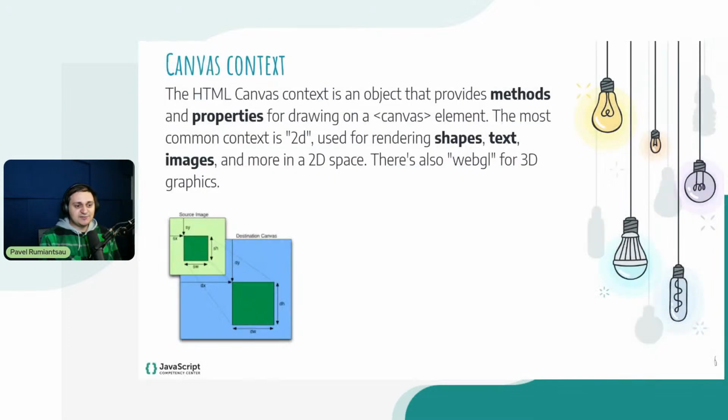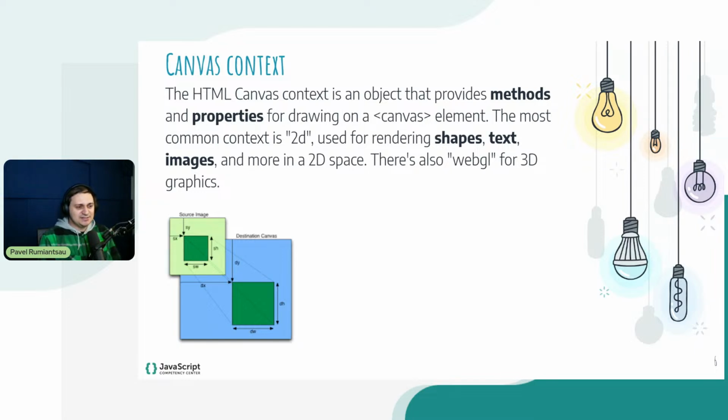It's very important to mention that when you are working with canvases, you're not working with them as you are working with DOM elements. When you connect to a specific element, you are not introducing new elements inside this canvas.